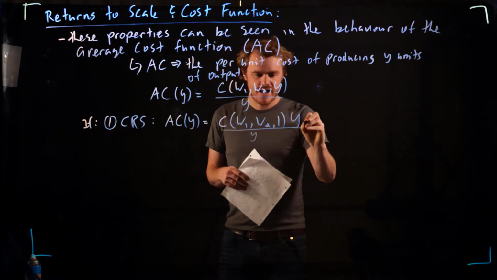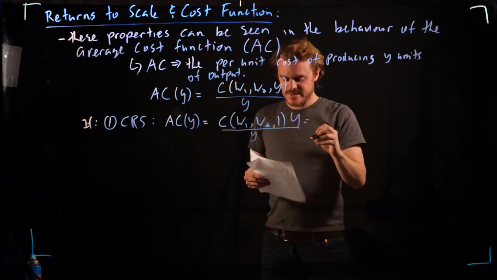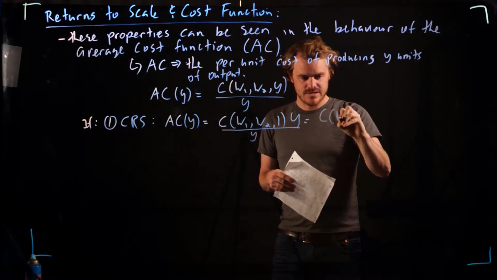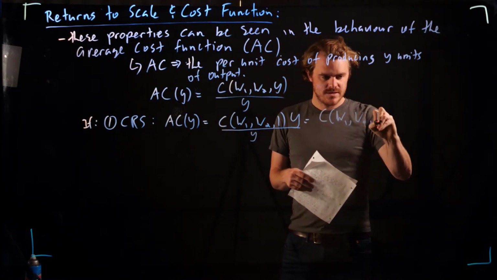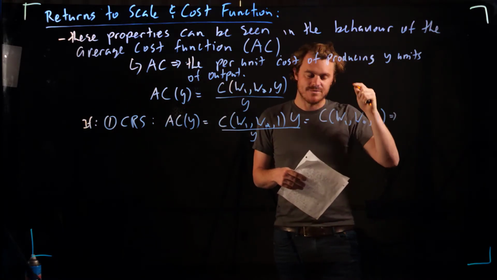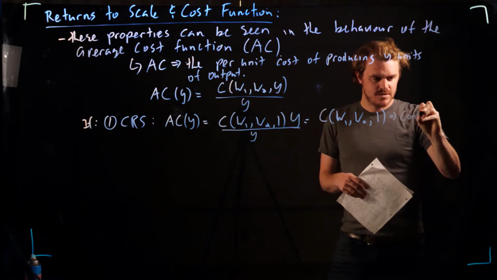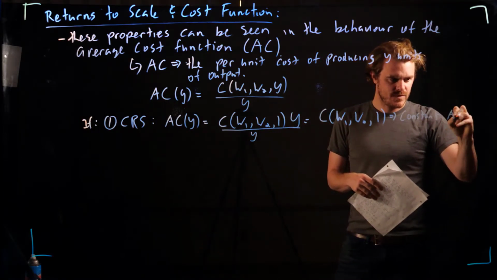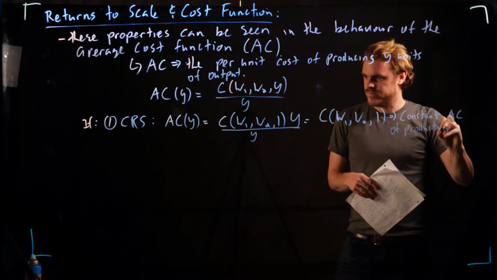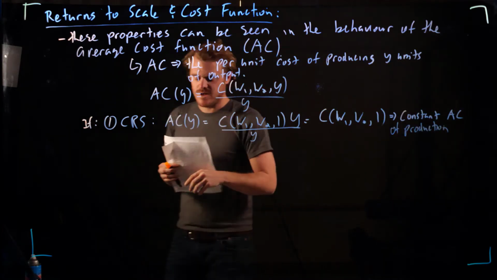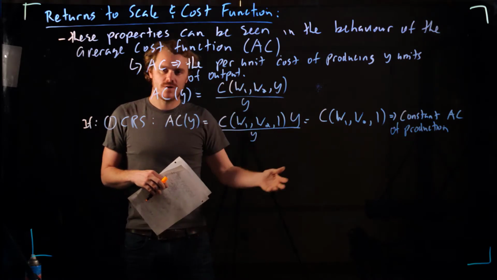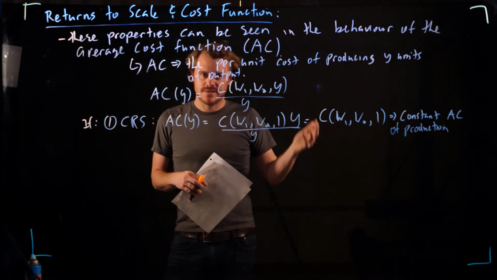Put that over Y, these will cancel out, and what's left over is just the unit cost function. So there's a constant average cost of production. So if we have constant returns to scale, we have a constant average cost of producing. As we produce more, the cost per unit doesn't change.